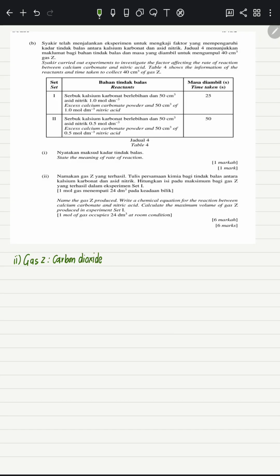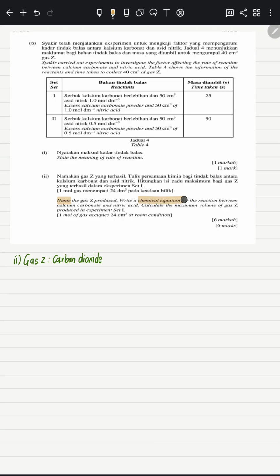We will give a big cross there because we asked for the name, we didn't ask for the chemical formula. If I ask you to state gas Z, maybe you can give the formula or the name, we accept both. But when we clearly mention name, make sure you give the name. Please be very, very careful with the questions and the phrases that they use.